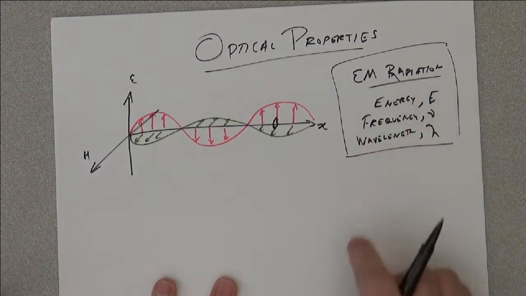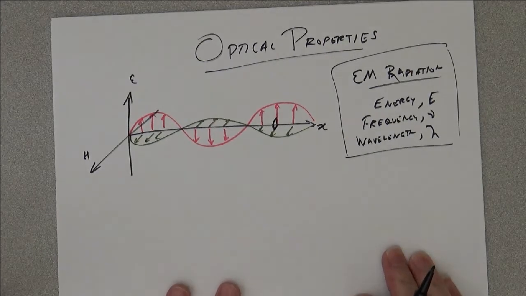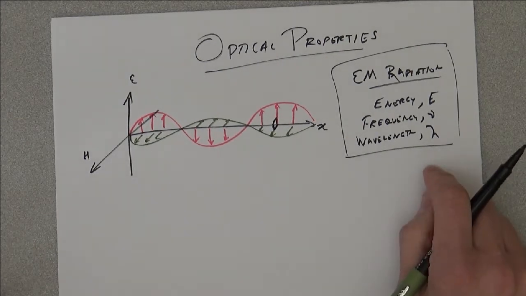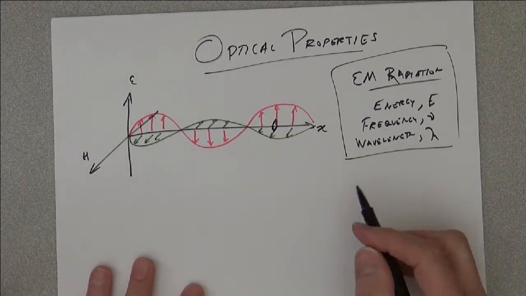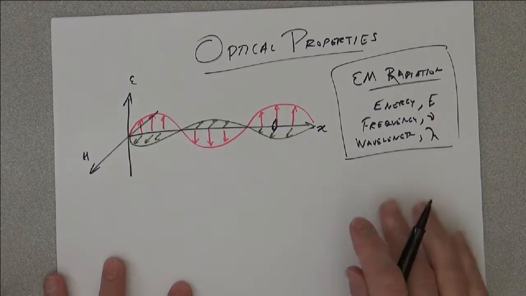And there are relationships between these. Most notably, the frequency and the wavelength are related by the speed of light in vacuum.